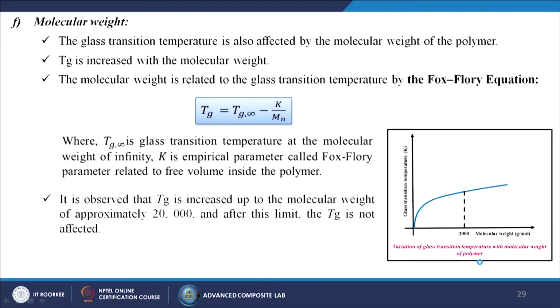Another one is the molecular weight. The glass transition temperature is also affected by the molecular weight of the polymer. Tg is increased with the molecular weight. The molecular weight is generally related to the glass transition temperature by the Fox-Flory equation. Tg equals Tg infinity minus K by Mn, where Tg infinity is the glass transition temperature at a molecular weight of infinity, and K is an empirical parameter called the Fox-Flory parameter, related to free volume inside the polymer.